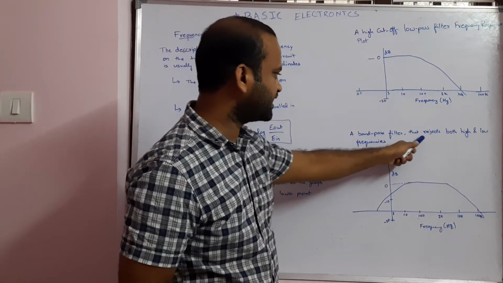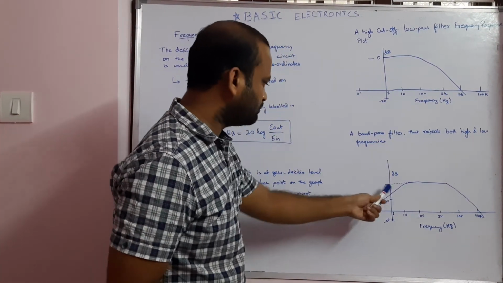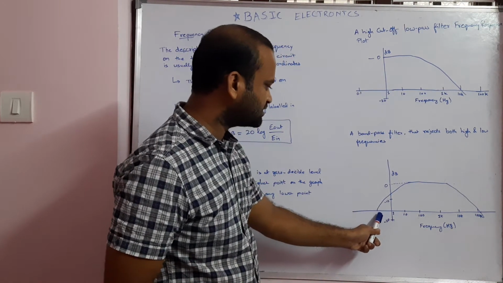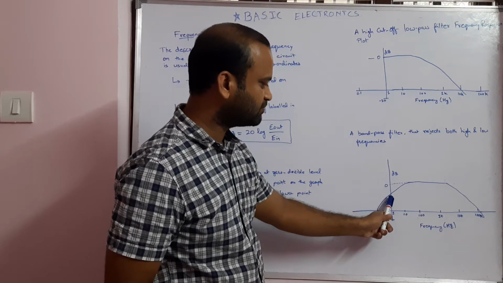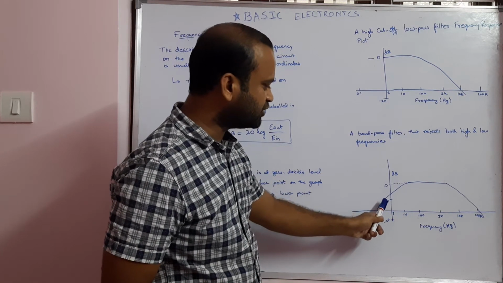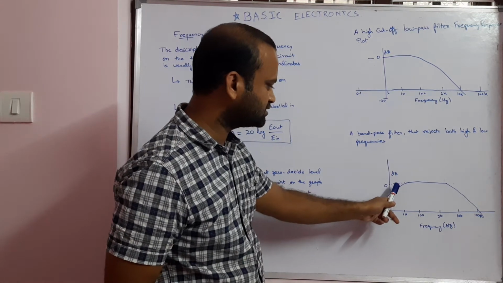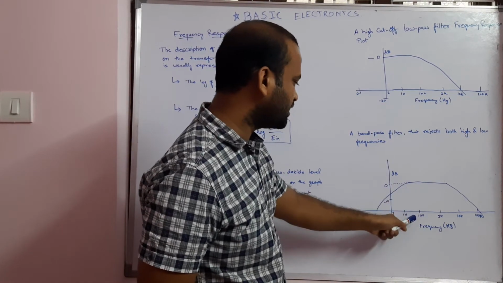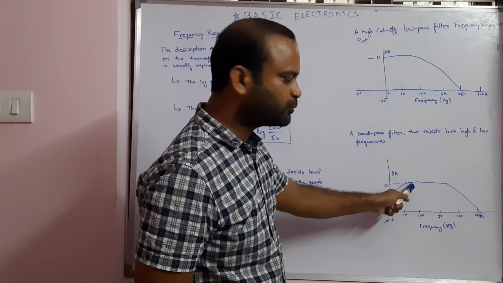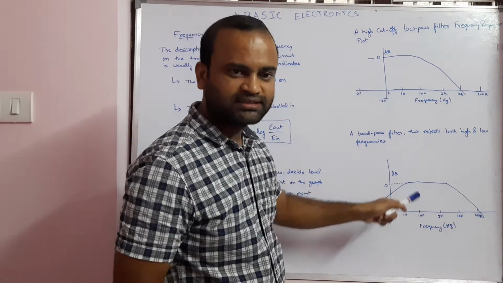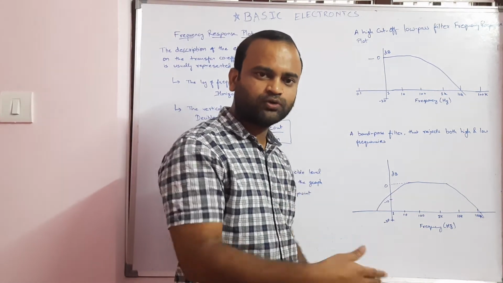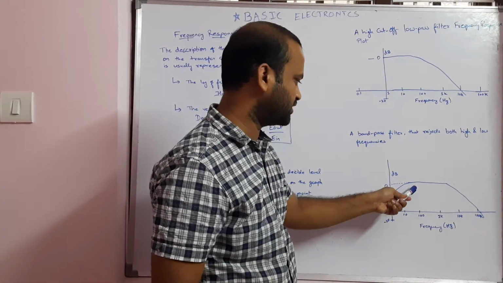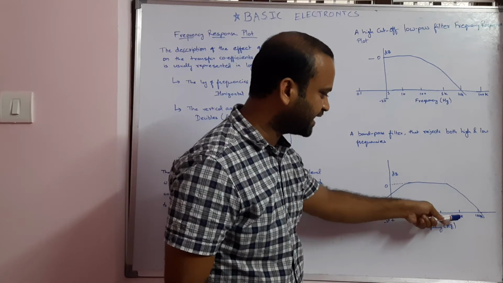Similarly, for a band pass filter that rejects both high and low frequencies, beyond this there is no response from the system. At low frequencies it is allowing certain frequencies, but still attenuating, with some dB values available. Once it reaches around 100 hertz, the output becomes equal to input, that is, output voltage is equal to input voltage, and it continues till 10 kilohertz.